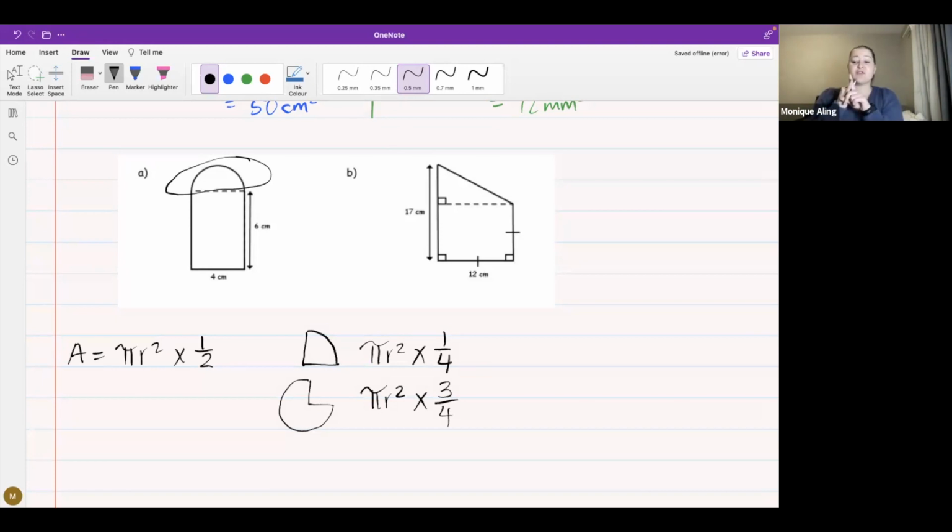So it can either be full circle, so formula stays the same. If it's half a circle, you times by half. Quarter circle times by quarter. 3/4 circle, you times by 3/4. Okay, so very, very similar to what we did with circumference. It only applies to circles. So you don't have to stress about worrying about this with any other shape.